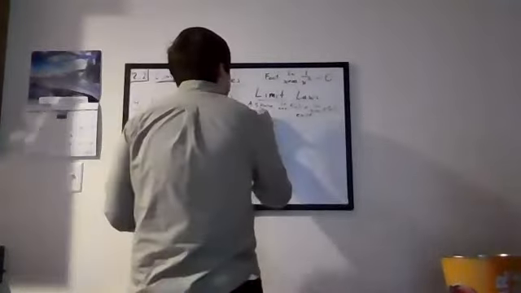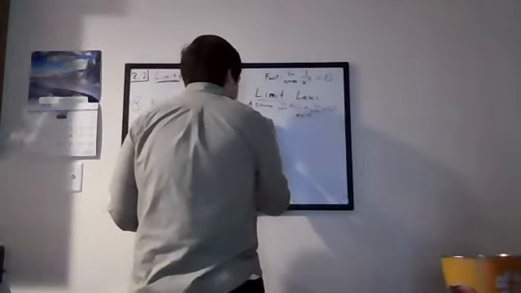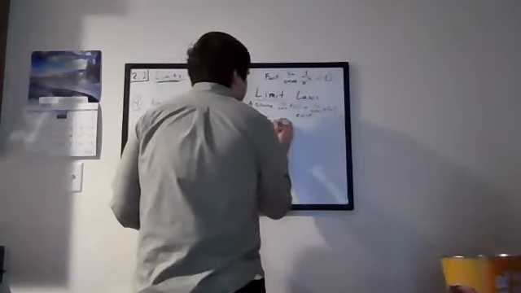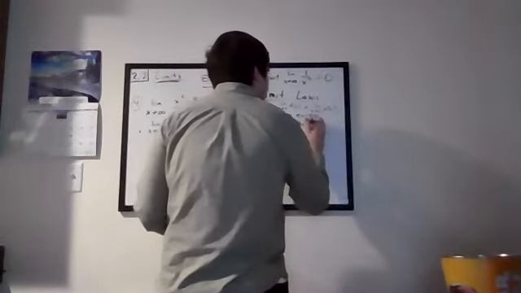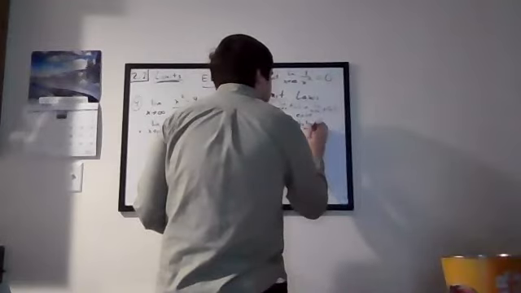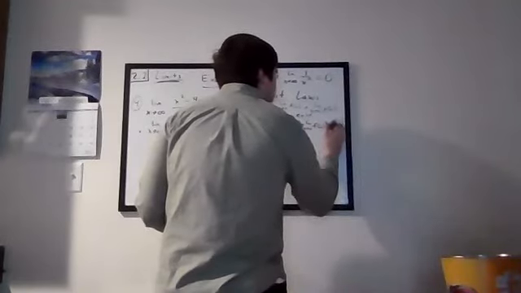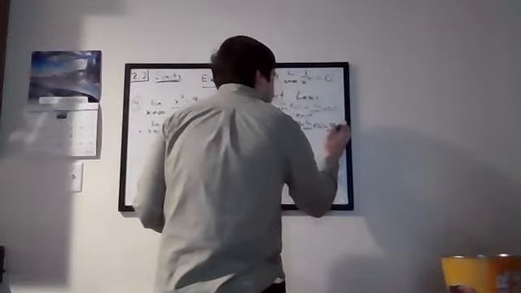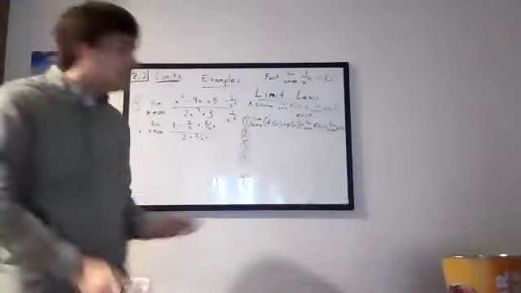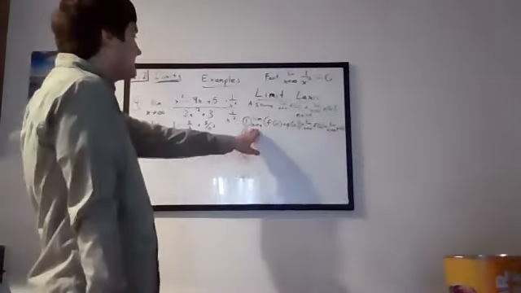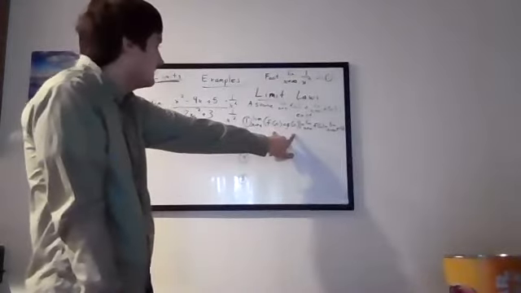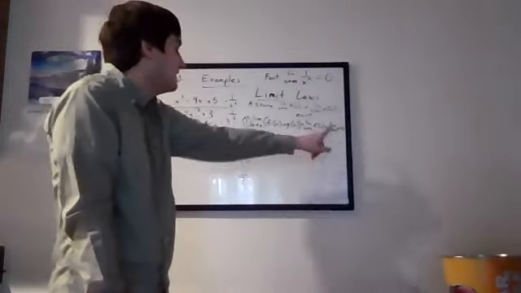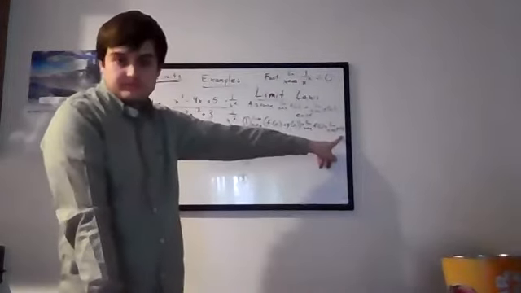So if I have the limit as x approaches a of f of x plus g of x, then this is the same thing as the limit as x approaches a of f of x plus the limit as x approaches a of g of x. Essentially, the limit of f of x plus g of x together inside one parenthesis is the same thing as the limit of f of x plus the limit of g of x.